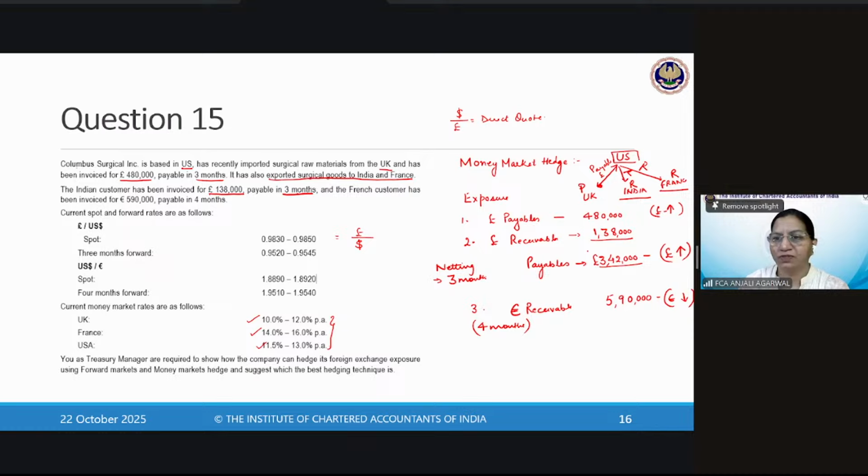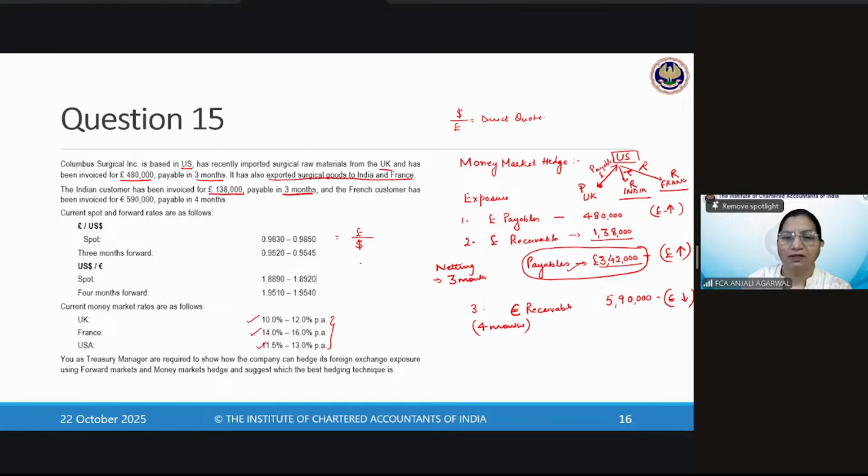All right. For pounds, we have net what? Payables. Under pound, what do we have? Net payables. So we are not required to hedge for 480. 138 has been hedged internally because of netting. We need to hedge only how much? 342,000 pound payables. Okay. So we need to buy the pound. We need this direct quote.